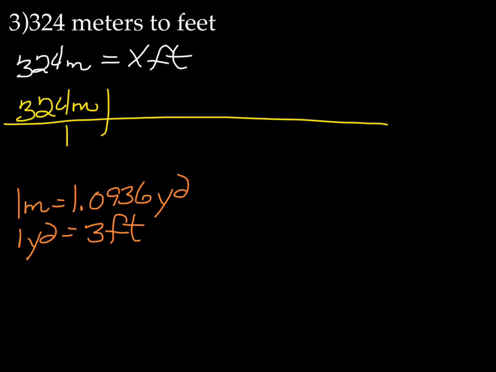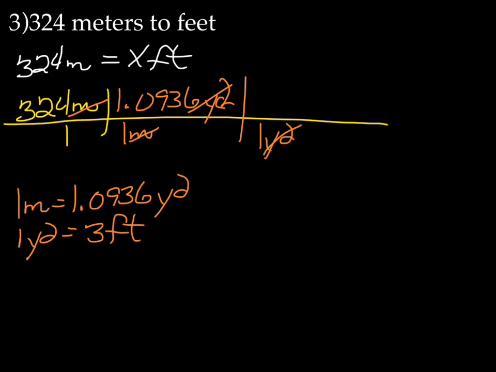All right, so starting with the top one, because we need to cross out meters, I'll have 1 meter on the bottom, and on top 1.0936 yards, and meters cross out. So now I'm at yards, so using the bottom equality now, we'll have 1 yard on the bottom so that they cross out, and 3 feet on the top.